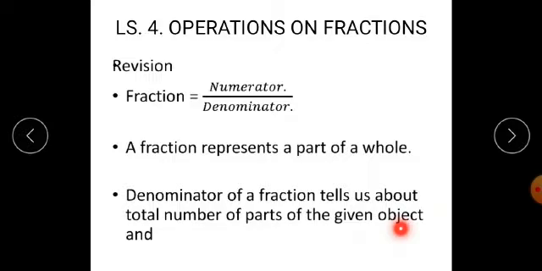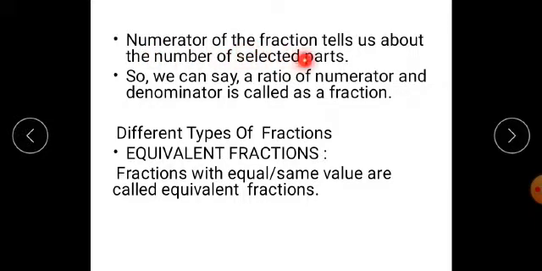Here we have divided the Puran Poli into two equal parts, therefore the denominator is 2. The numerator of a fraction tells us the number of parts selected or enjoyed. You have enjoyed one part, so the numerator is 1, and the fraction is represented as 1 upon 2. So we can say a ratio of numerator and denominator is called a fraction.